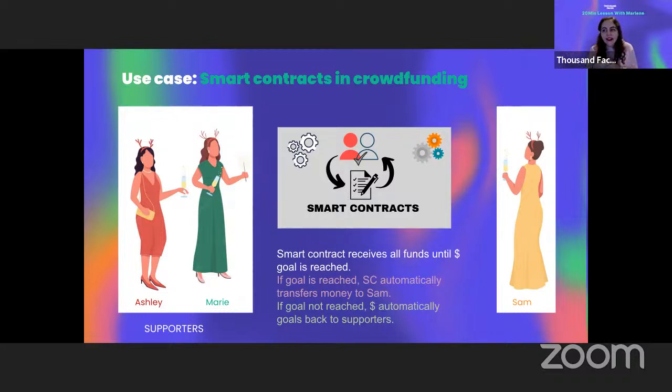In the unsuccessful scenario, where we also have a smart contract, the friends transfer the money to the smart contract. And if the goal is not reached by the deadline that was put, the funds are automatically, I'm saying this word on purpose, automatically transferred back to her friends. So there's no third party involved, it's just a smart contract in the middle. It's a very similar system to crowdfunding, except instead of a third party, we have a smart contract.